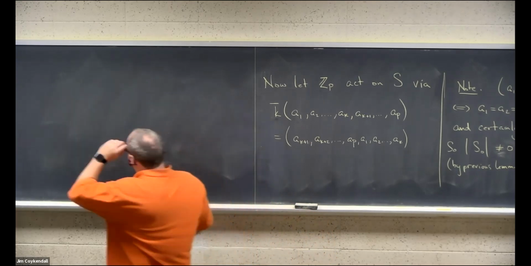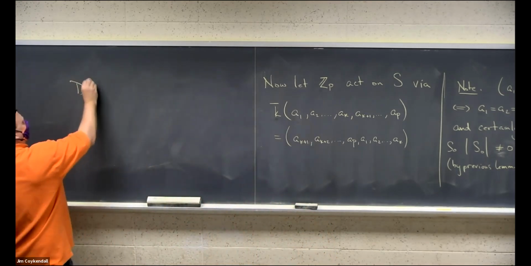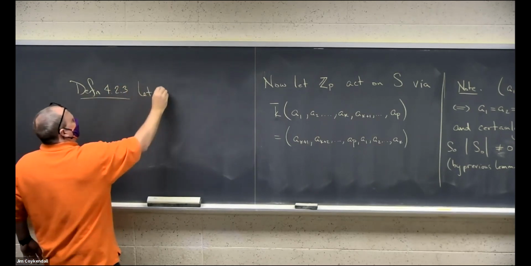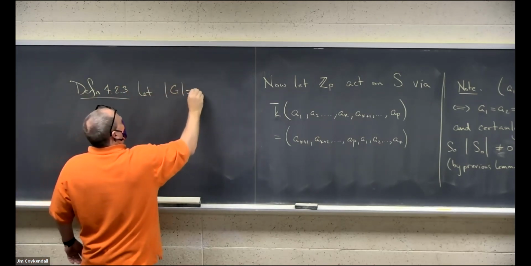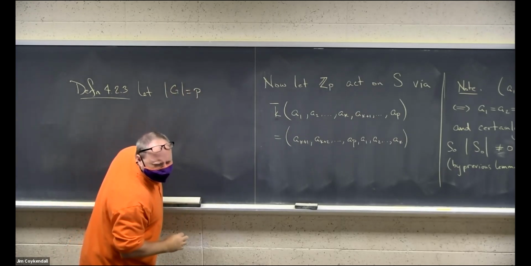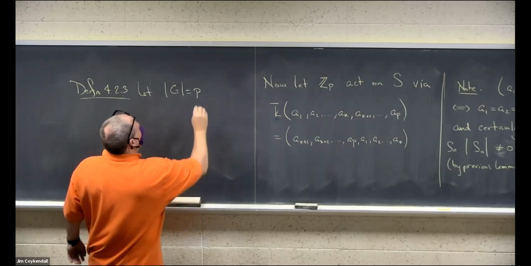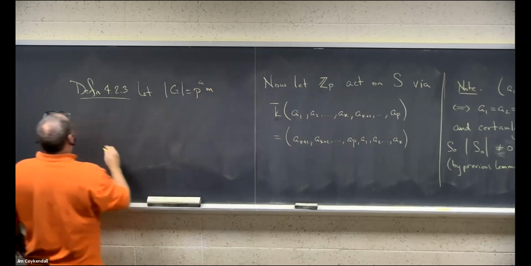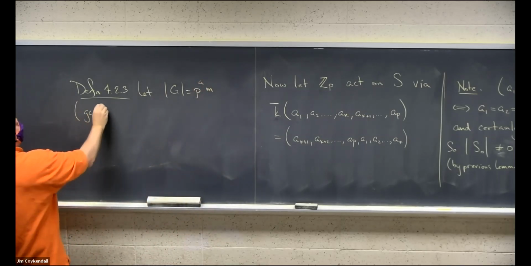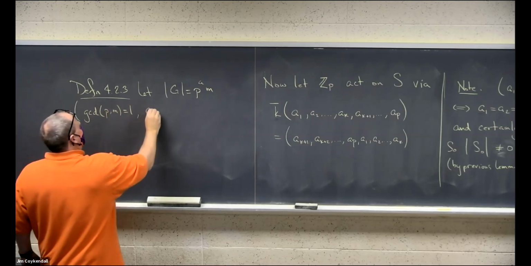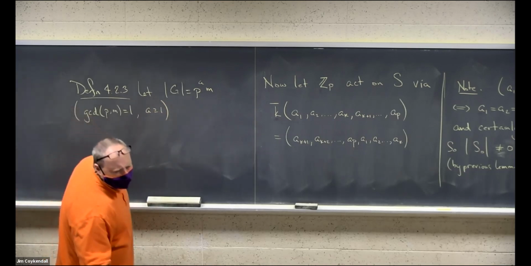So let G be a group, let the order of G equal P to the A times M, where the GCD of P and M is 1 and A is at least 1.